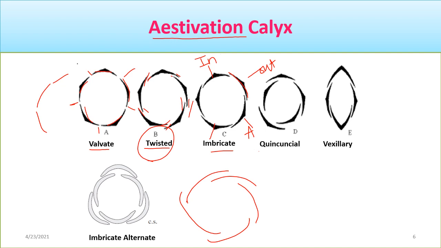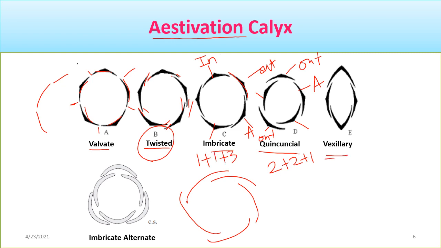Then quincuncial type of estivation, where two are completely out. This is out, this is out, this is in, and this is alternating. So this is two in, two out, and one alternating. Here, one in, one out, and three alternating.